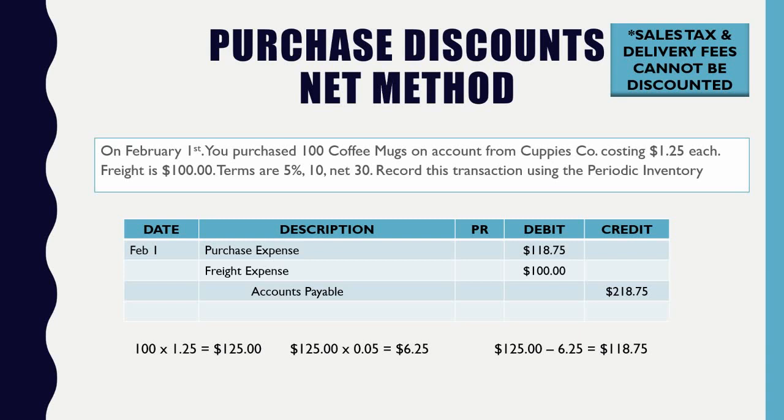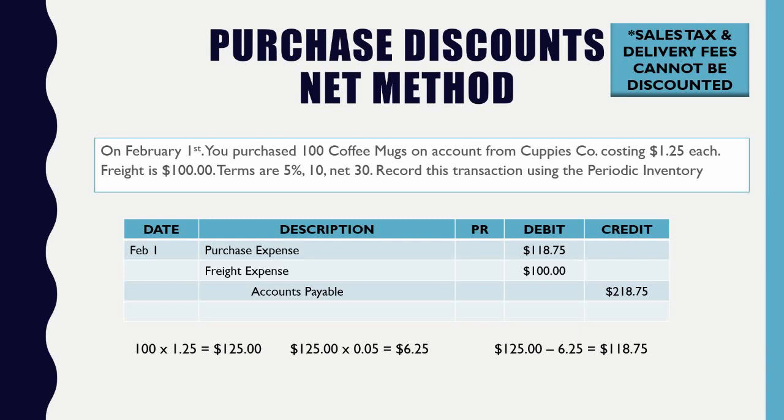We're going to recognize that when we purchase the items, it's discounted automatically as of the first day that you received it. And of course, freight stays the same because you can't discount freight or sales tax. And again, we're going to owe it on account.